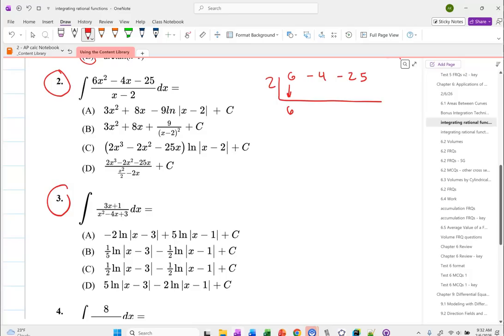Hopefully everybody recognized on number 2 that we need to start with the synthetic division. Two times 8 isn't 24. Yes.